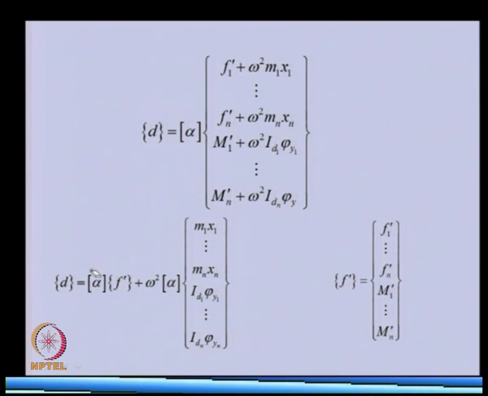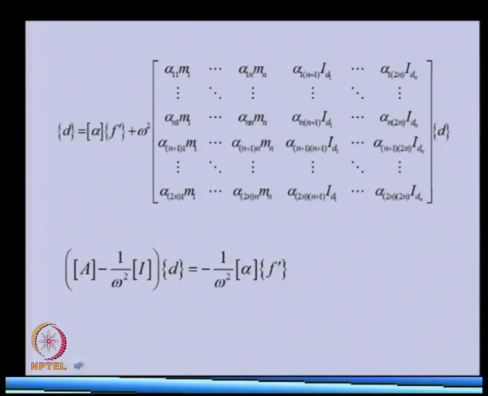Because the alpha matrix was common, it will be multiplied to both the terms. Now, here alpha prime is this forces and moment, which is the external force and moment, coming from, for example, the unbalance.